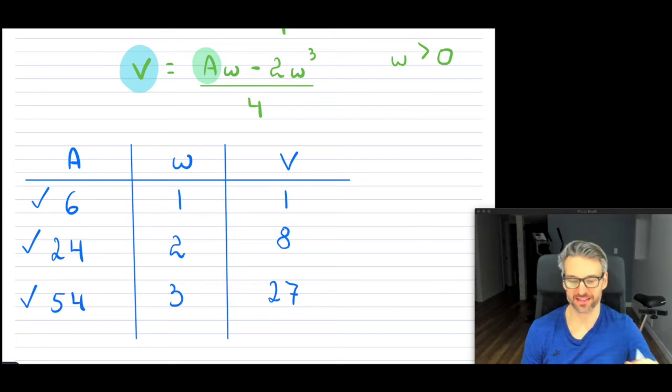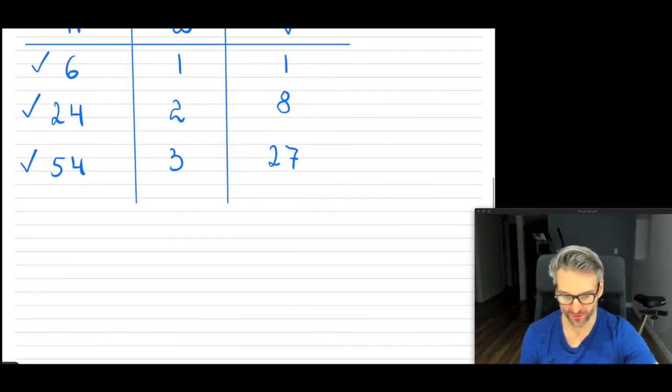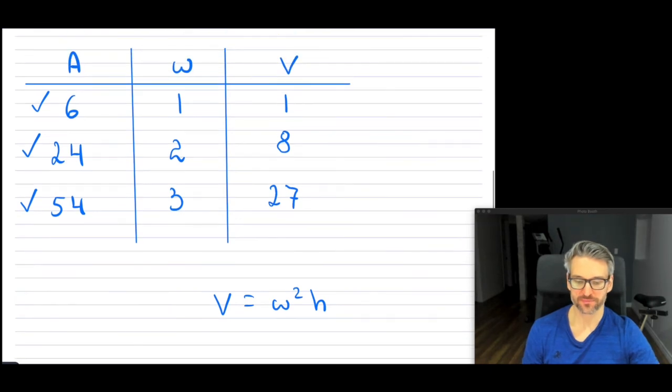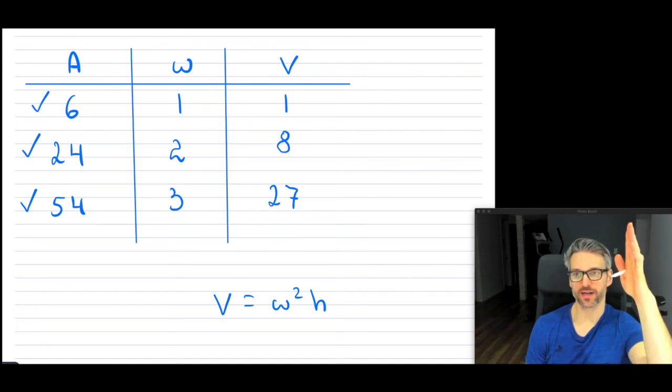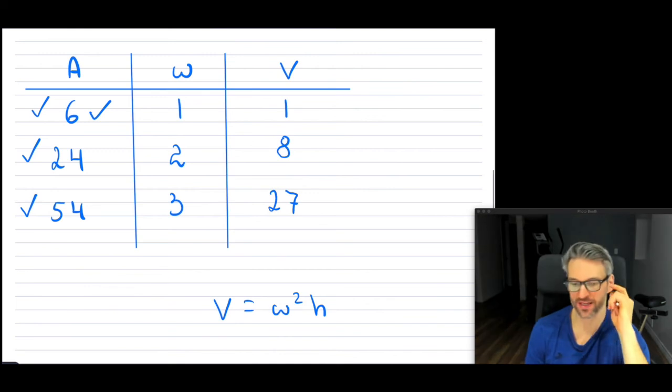So notice that our equation for volume, volume is equal to W squared H. Now, when we peaked at 1, the surface area was equal to 6. So for this value right here.